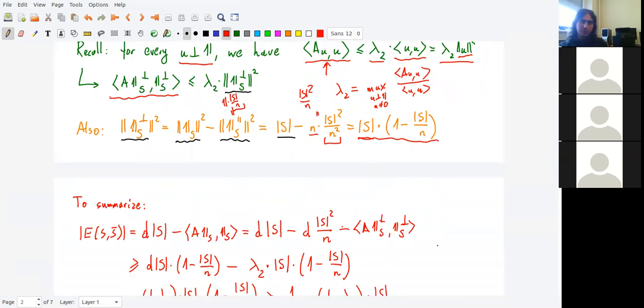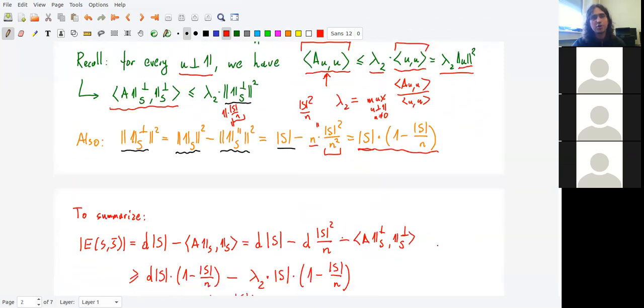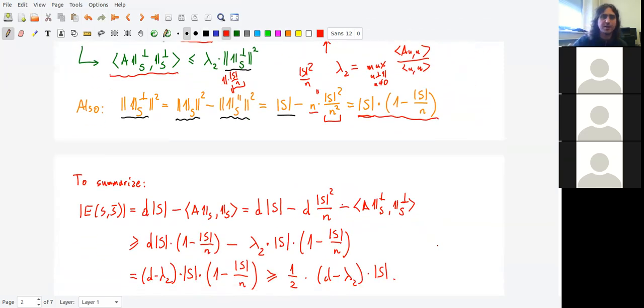To summarize, what has happened? There was quite a lot of computation, but essentially all of it was in order to understand the consecutive terms in a spectral manner. We started with the number of edges between S and the complement of S. We understood it in algebraic terms as this difference.